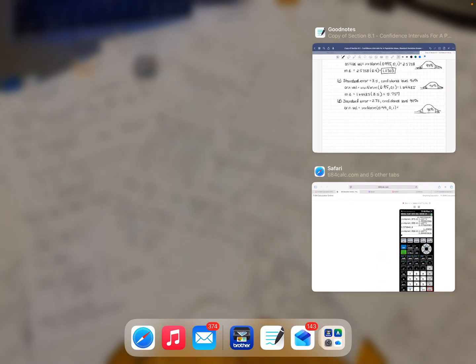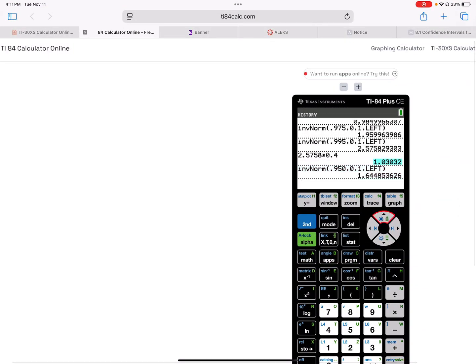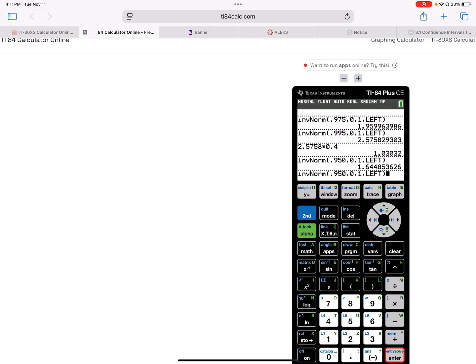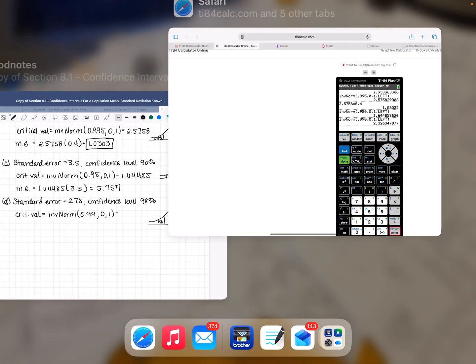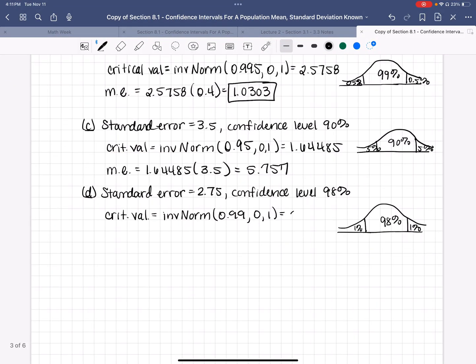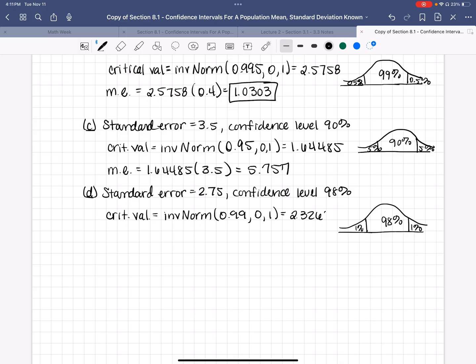Okay, so when I take the inverse norm of that, I've got 0.99. Correct, is that what I said? I think so. And that does give me 2.3263. Okay, that's my critical value.